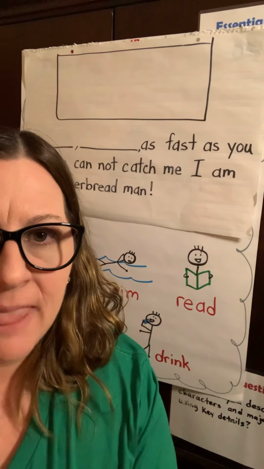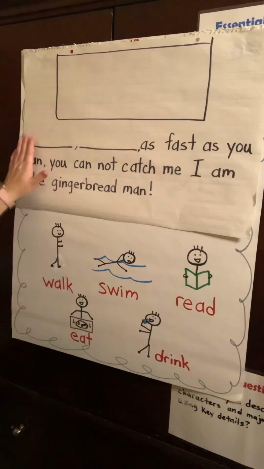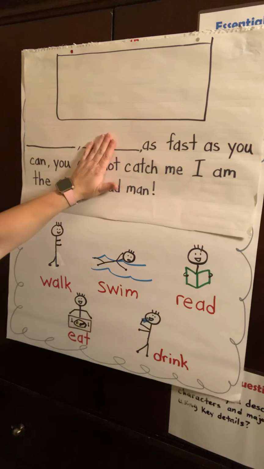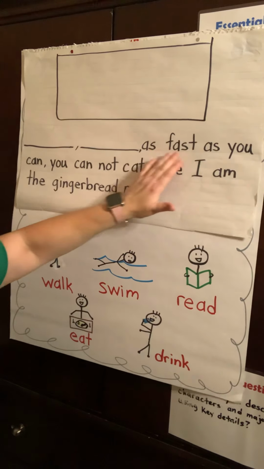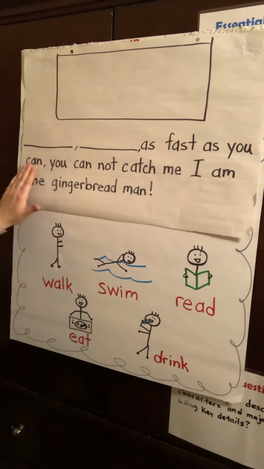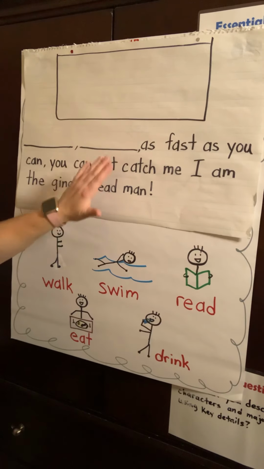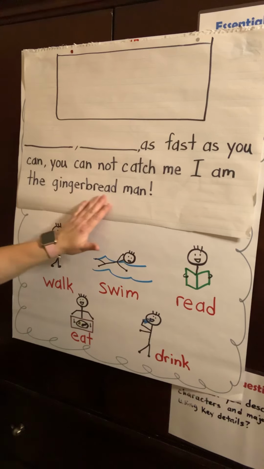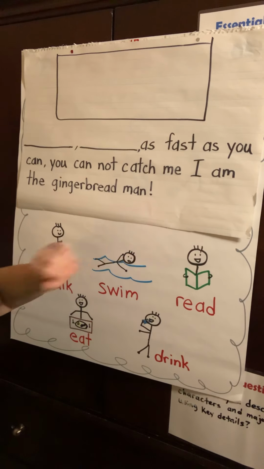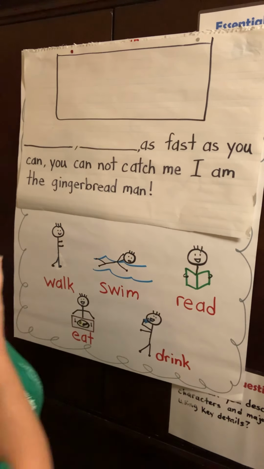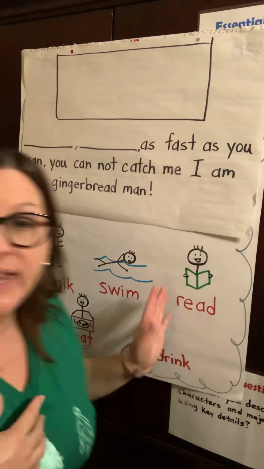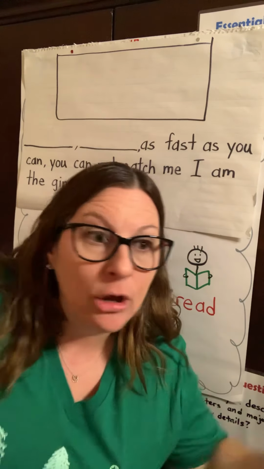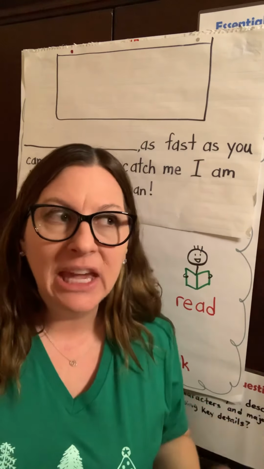So this is what it says. We have 2 blank spots, and it says, as fast as you can. You cannot catch me. I am the gingerbread man. Oh, we didn't have that one. He could fly.